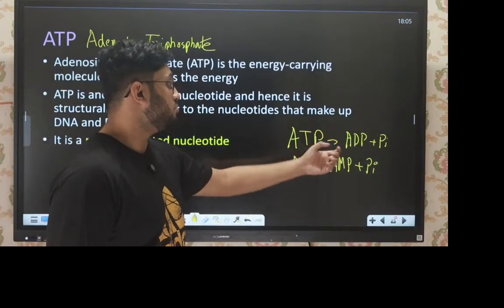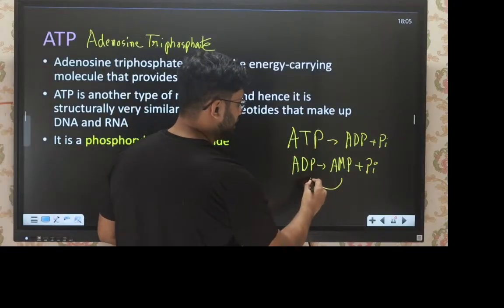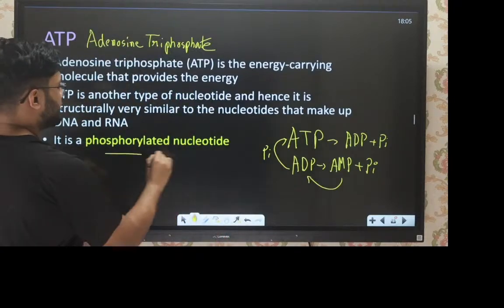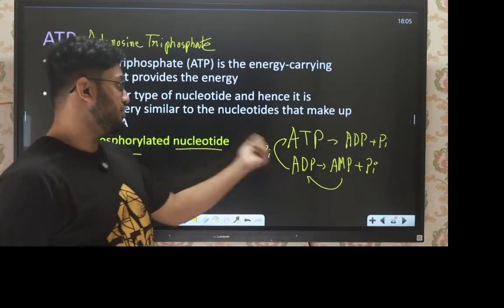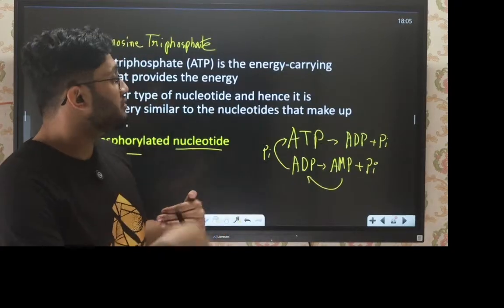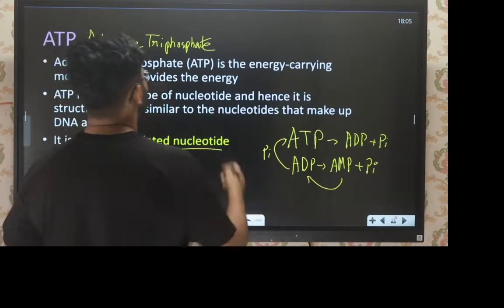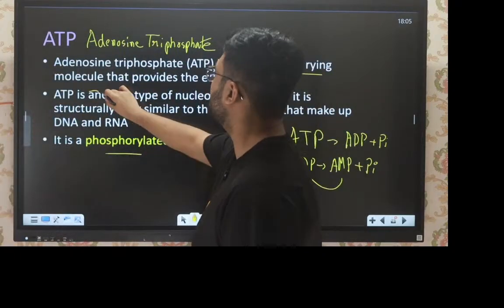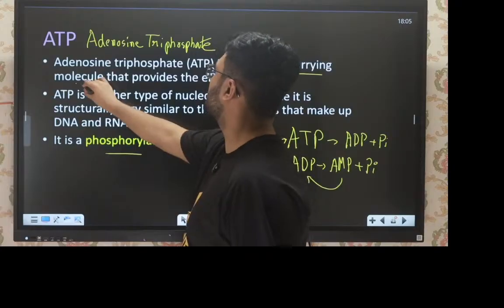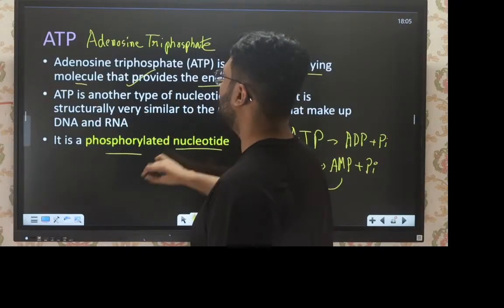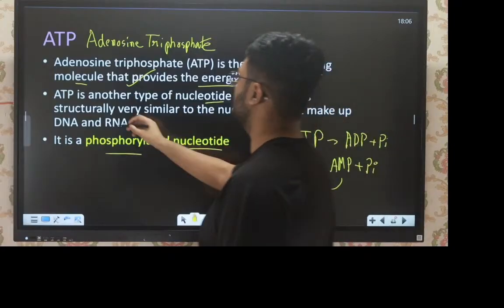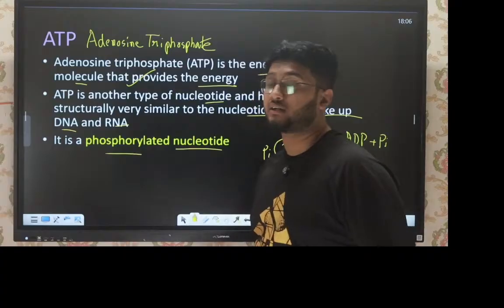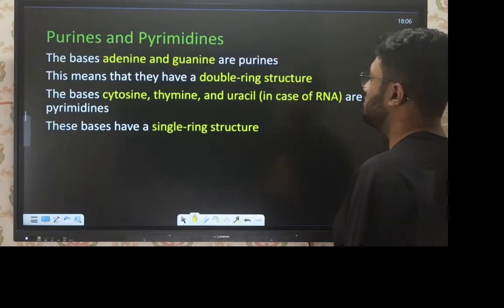This process, going from AMP to ATP by adding phosphate, is called phosphorylation, and the nucleotide is formed whenever we add a phosphate. Let's recap. ATP is an energy carrying molecule that provides energy. It's another type of nucleotide, hence it is structurally very similar to the nucleotides that make up DNA and RNA. Let's move on.